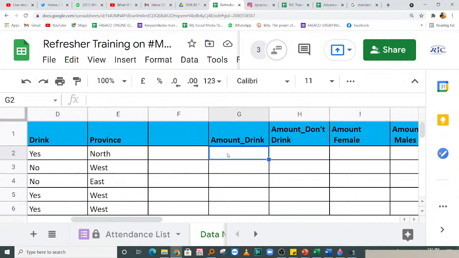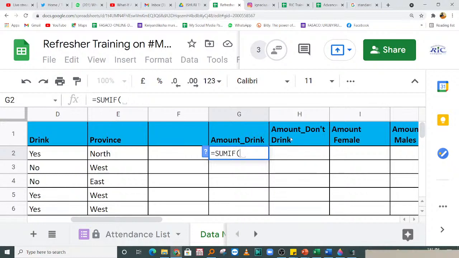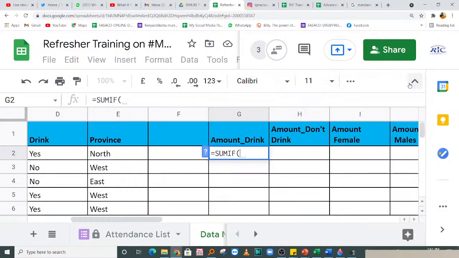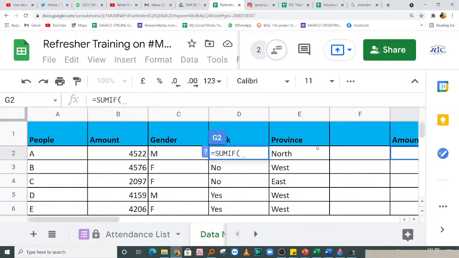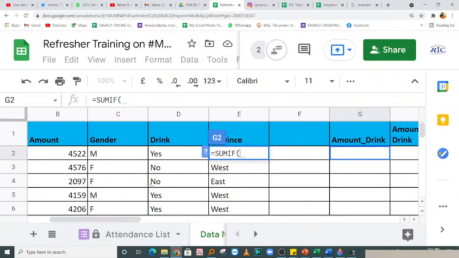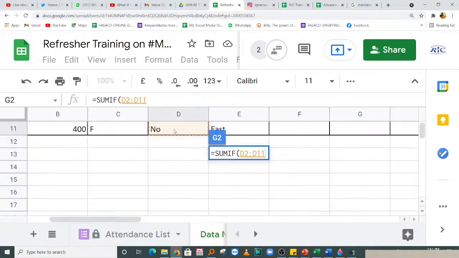So the amount for people who drink is equal to the SUMIF, okay. The criteria range is drinking, yes or no. The criteria range is this one. So for the person who drinks, of course the response is yes, and what I'm trying to sum up is the amount.